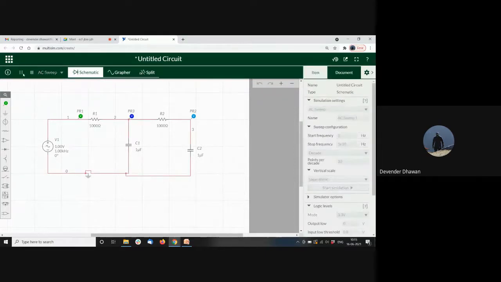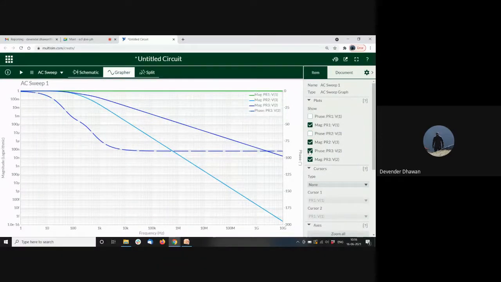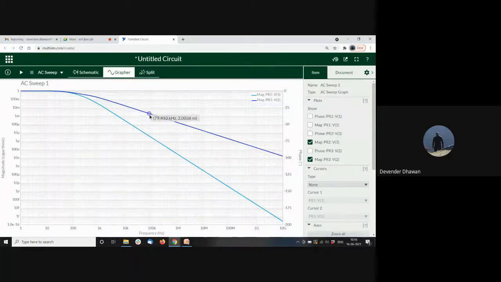If I run it now, you see this is the one that we were getting earlier. Let me remove the phase part, and even the output we don't need. So this is our first order, then this is our second order. You can see that the second order is going down a bit faster than the first order.